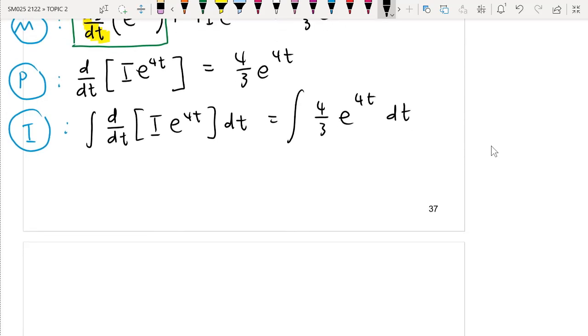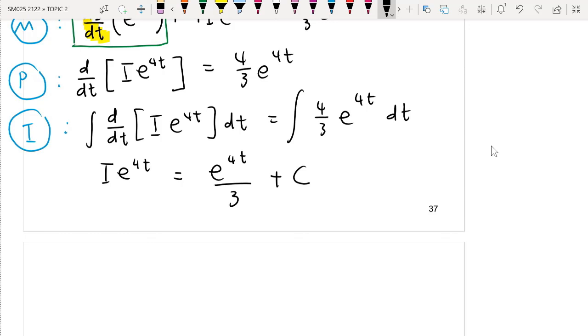For the left side, we integrate and differentiate the function, so it just cancels with one another. Copy it back. So we have i e to the power of 4t. For the right side, we can now integrate our exponential function. And then we may get e to the power of 4t over 3 plus c. Don't forget, we have a plus constant here.